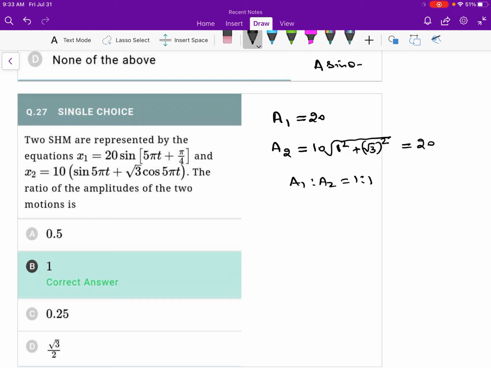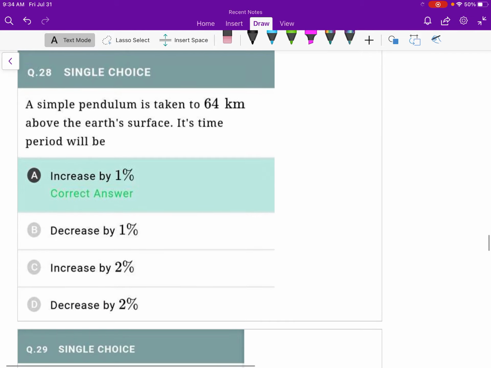See, we know that if we have a function y equal to A sin theta plus B cos theta, then the amplitude is under root A square plus B square, times sine of theta plus tan inverse B by A. So amplitude is under root A square plus B square, so 10 under root, that is 20.